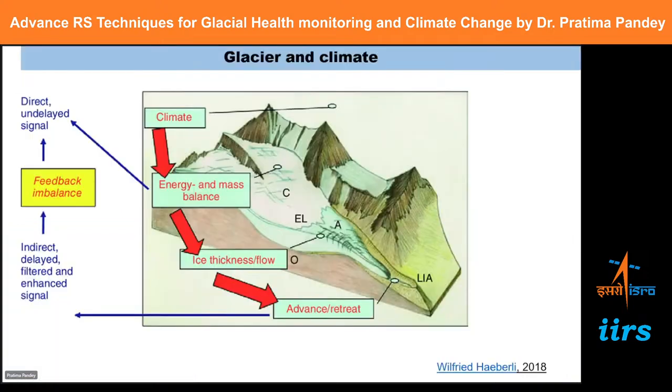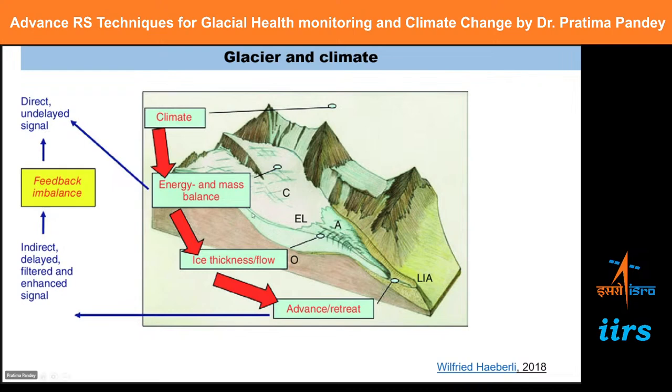Now we'll see how glacier and climate are related. A glacier is known as the mirror or the reflector of climate. Whatever is occurring in the climate is immediately, or with a response time, reflected in the behavior of the glacier.